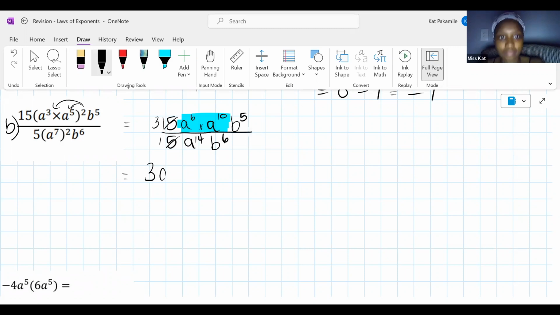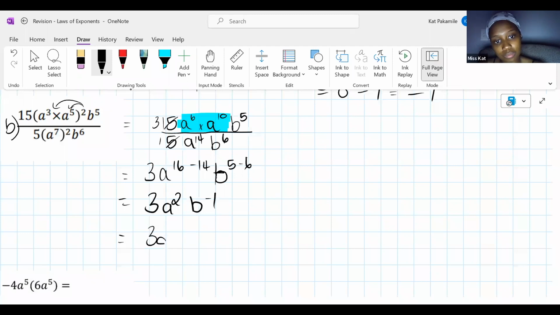You say a to the power of 16 minus 14, and then b to the power of 5 minus 6. And then you're going to say 3a to the power of 2 and b to the power of negative 1. And your final answer is 3a to the power of 2 over b.